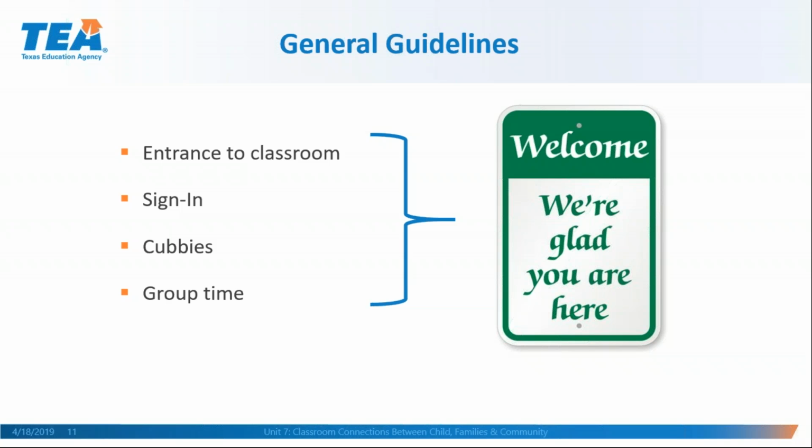And those things can help a parent to feel, hey, you are welcome here, and we are glad you are here. So we're going to take each of those, entrance to classroom, sign in, cubbies, and group time, and break it down a little bit more. So we'll start with entrance to classroom.